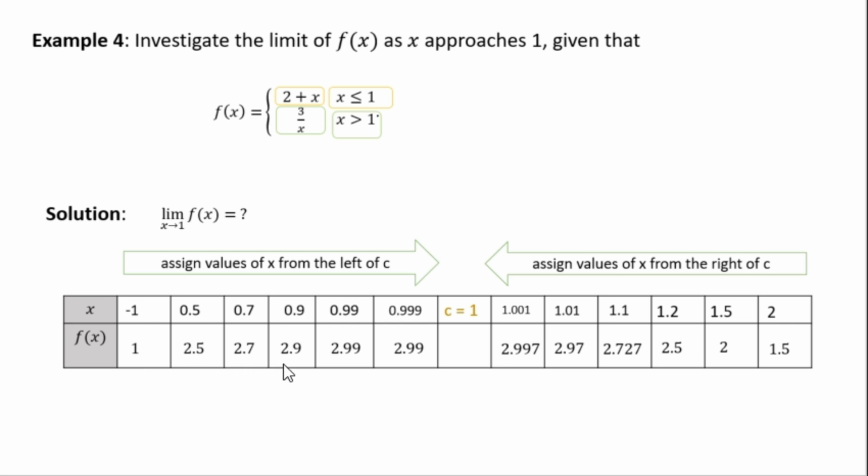You have 1, 2.5, 2.7, 2.9, 2.99, 2.999. So it looks like they approach 3, right? And the same with the computed values of f of x from the right of C. Hence, we say that the limit of that piecewise function as x approaches 1 equals 3.